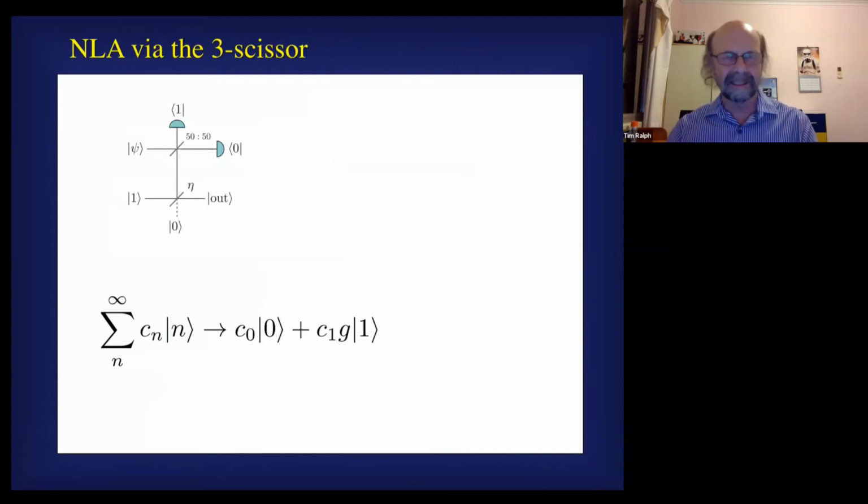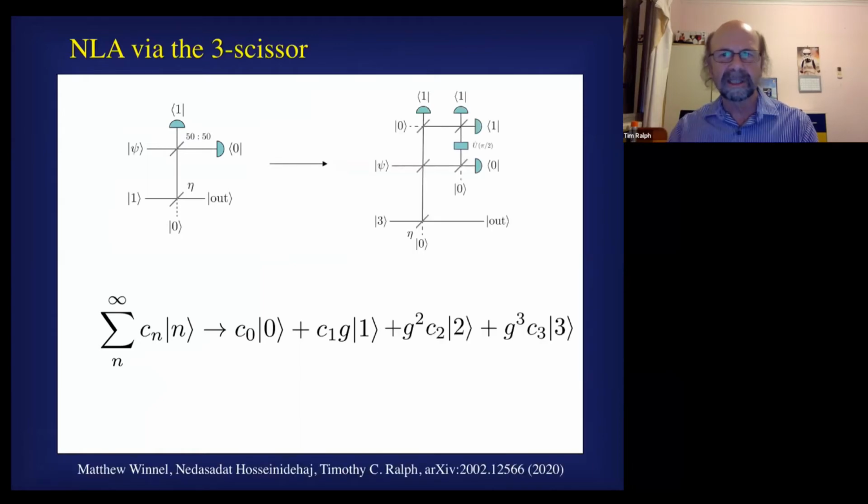This is the one scissor. So here we inject a 1 photon state and we count 1 photon at the output, and we get this truncation at 1 photon, but it's faithfully amplified up to that point. So our new protocol is what we're calling a 3 scissor.